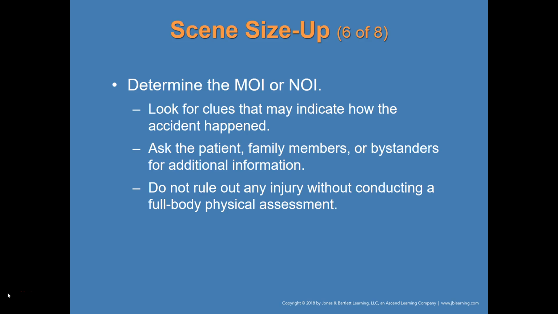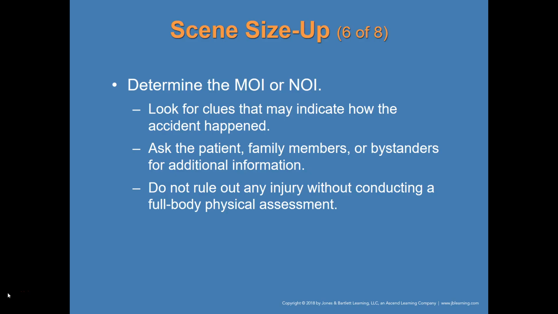With nature of illness, we need to ask the patient, family members, or bystanders for any additional information. And this also goes for mechanism of injury as well, if it's a trauma or something like that. And then we can't rule out any injury without conducting a full body physical assessment.